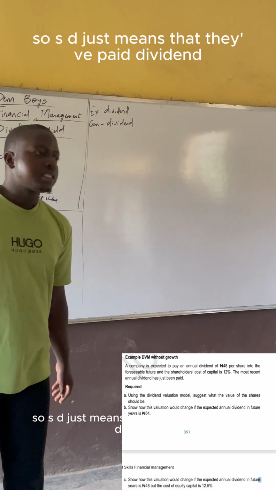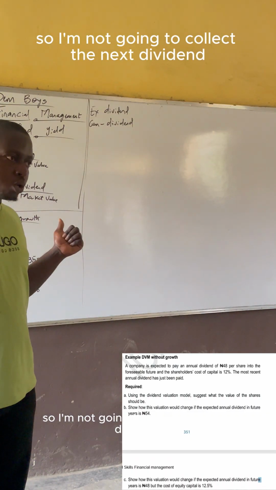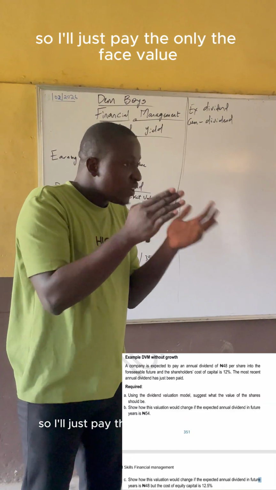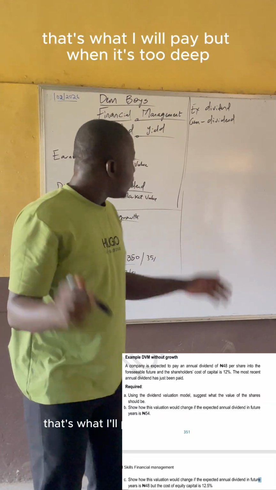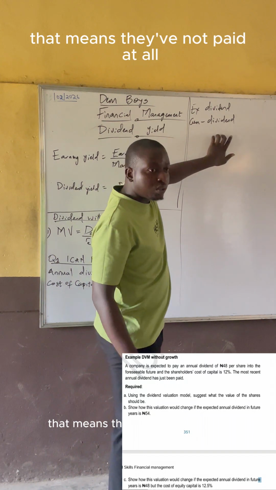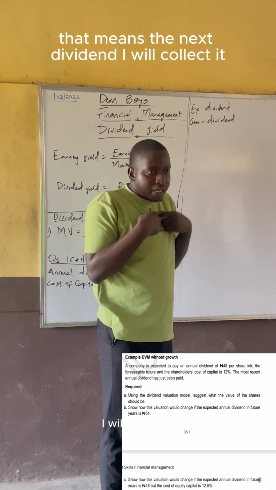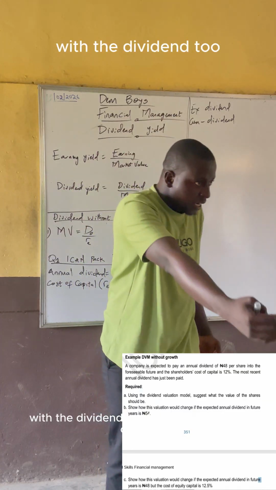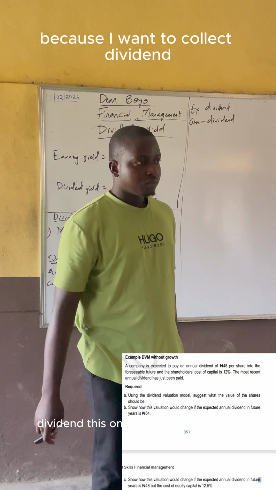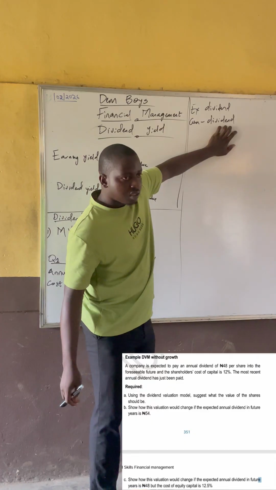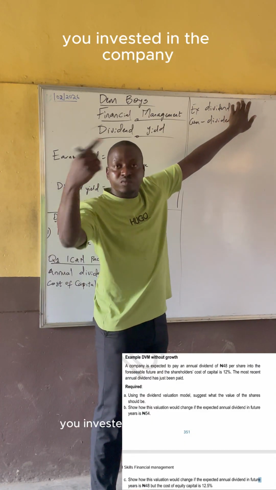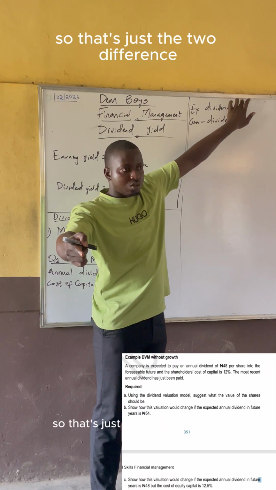XD just means that they've paid the dividend, so I'm not going to collect the next dividend, so I'll just pay the face value alone. But when it's full div, that means they've not paid at all, so I will collect the next dividend, and I will pay the market value with the dividend too, because I want to collect the dividend. This one will not, because they've collected it before you invested in the company. That's just the difference.